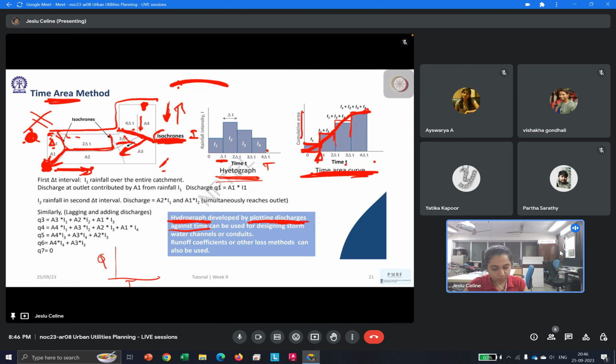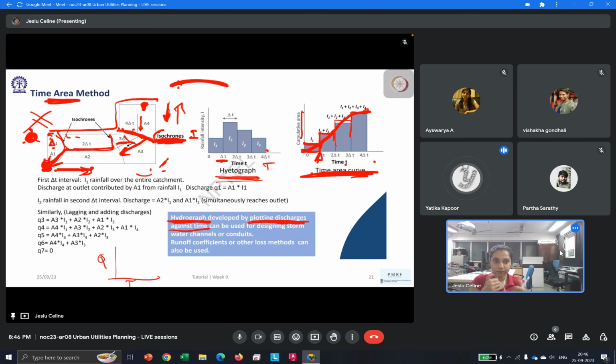Now using this, we can find what intensity of rainfall will be there at one point. You're segregating it into multiple regions. In one region, what is the intensity which is there, and what was the intensity in the previous region? You're adding them up and getting it.